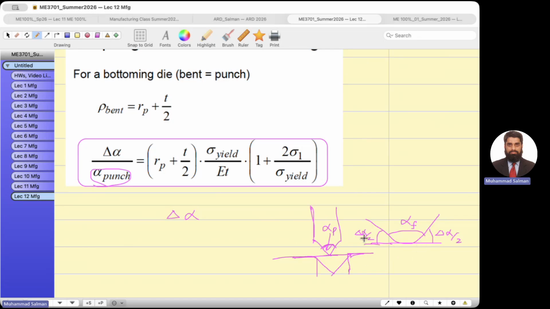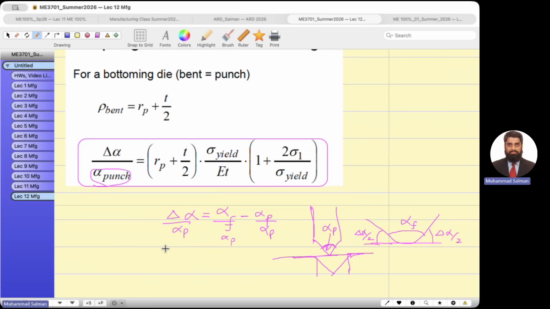It comes back. That is elastic. We call this elastic energy, which changes the angle. What is that? Alpha final minus alpha punch. Agreed? And now if I divide by alpha punch on both sides, alpha punch, alpha punch, so what is that equal to?